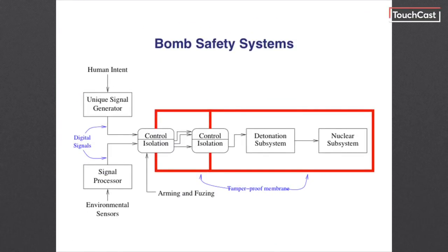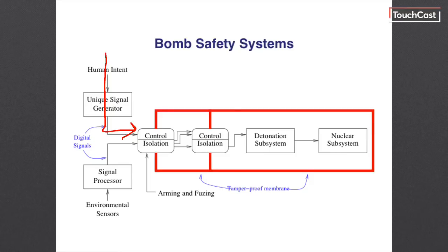Now, right at the warhead point, what we're really talking about then is the codes arriving here, and going into the warhead, being received by the warhead, and then being converted into mechanical energy and electrical signals that allow the warhead to arm itself and fuse itself and so on. The warhead does have a set of safety systems built into it in the form of environmental sensors and tamper-proof membranes.